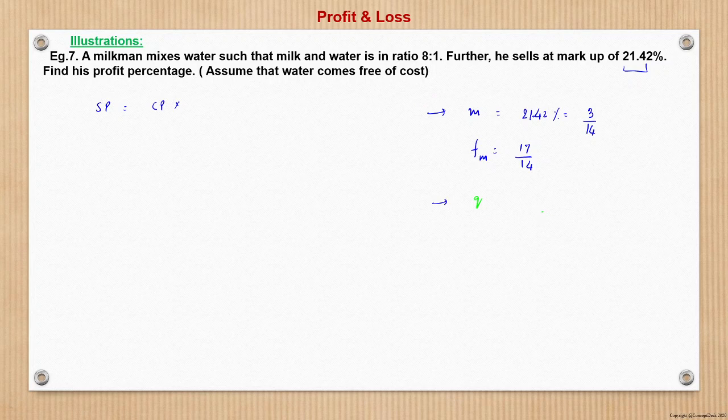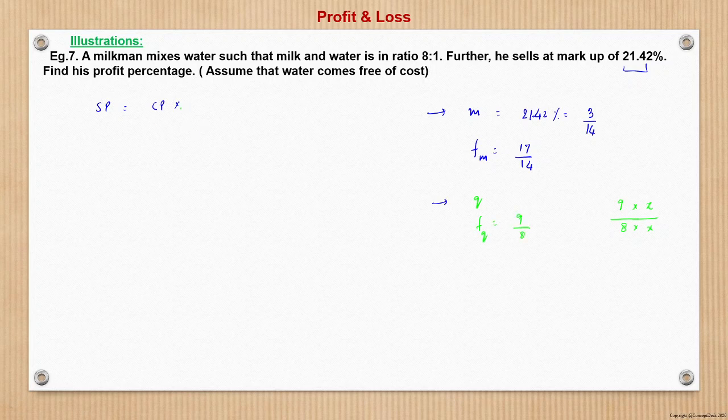So this can be interpreted as that the customer, the milkman, will be getting a selling price for 9 liters. However, he will be only selling 8 liters because water is free. So he will be selling 9 into say x rupees per unit, whereas the cost is only for 8 liters. So the factor FQ can be written as 9 by 8.